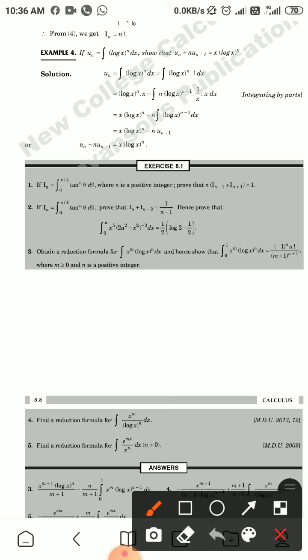This gives x into (log x) raised to power n minus n integral of (log x) raised to power n minus 1 dx. This is equal to x (log x) raised to power n minus n u(n-1), or this can be written as u(n) plus n u(n-1) is equal to x (log x) raised to power n, as required.